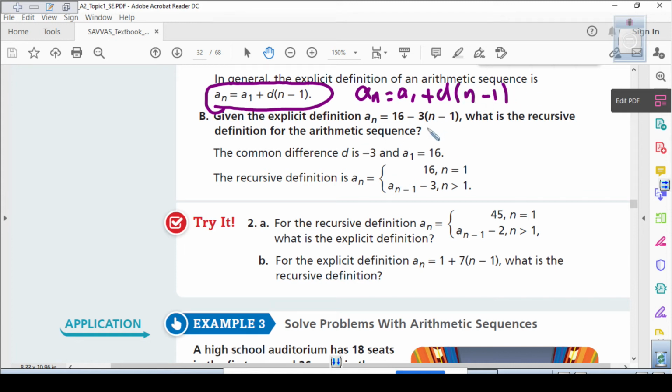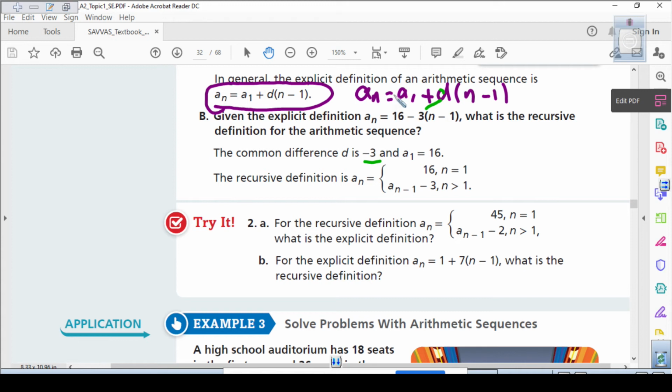Okay, so look at this. Let's try to match them here. What do you think is my d? What's the distance? It is 3, it's right there. I should say -3 because there's a negative here, right? See that? How about a sub 1? What's the first term in this sequence?